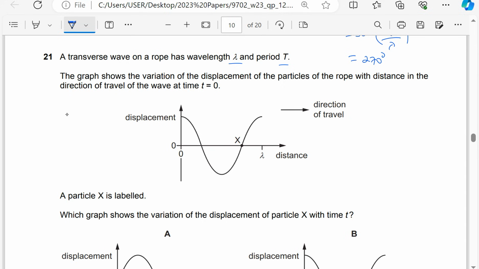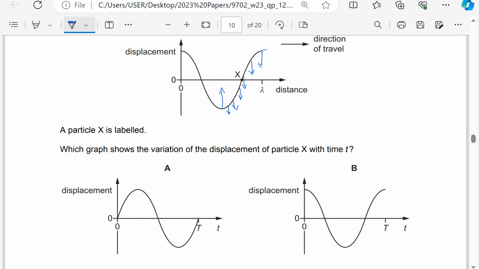But remember, if this was vibrating upwards, the particles here, when a trough is formed, now vibrate downwards. X was going downwards at t equals 0. So it means our graph should be at the bottom after t equals 0.